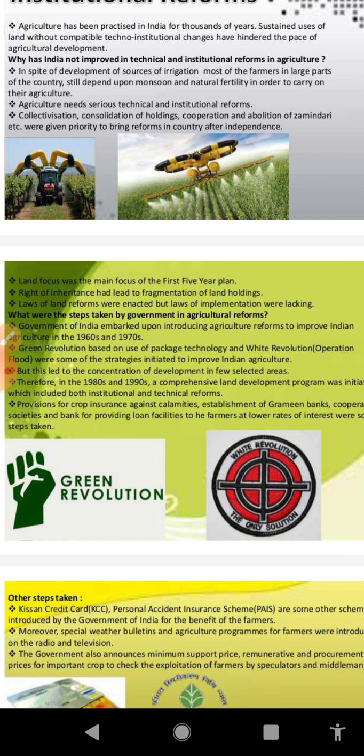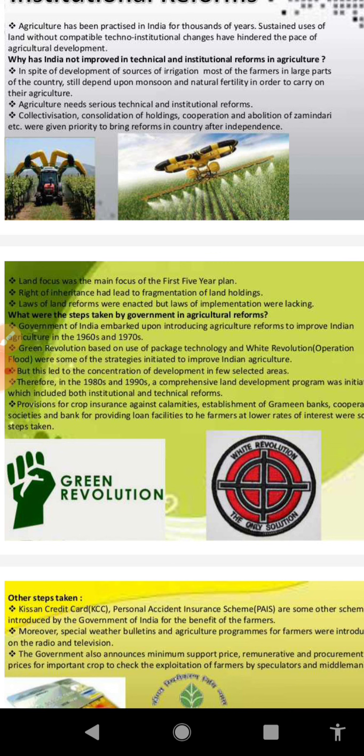Now let us discuss some of the credit reforms which have been taken by the government of India and the state governments. First one, rural development has been delinked from agricultural development. This is to help agriculture develop its own base.